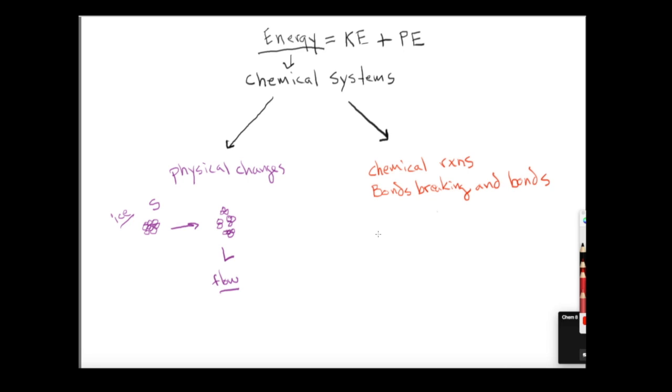And not all bonds are equal. I use an example here of the combination of oxygen. I think I did this in the videos you're going to be watching. So the combination of oxygen and hydrogen to make water.